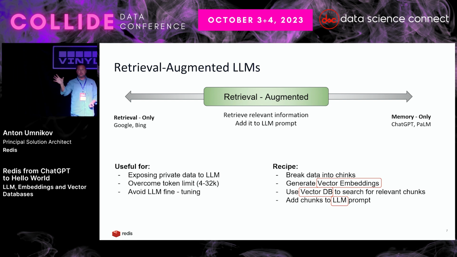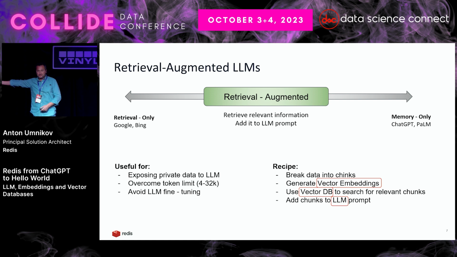To position retrieval augmented generation, it's kind of in between your traditional search, think of Google or Bing or your SharePoint, and the pure memory-based things like ChatGPT, Google PaLM, Facebook Llama, and so on. Right? It's useful to do a whole bunch of things.